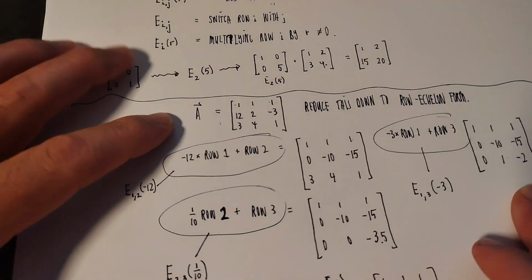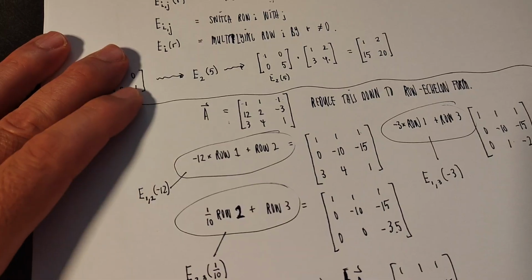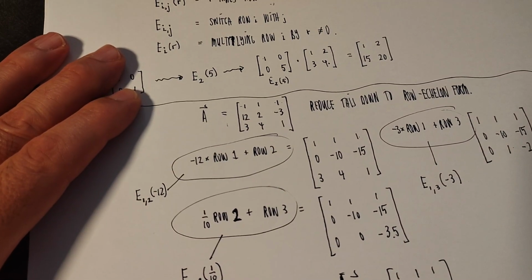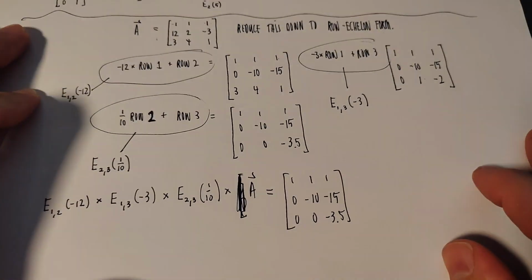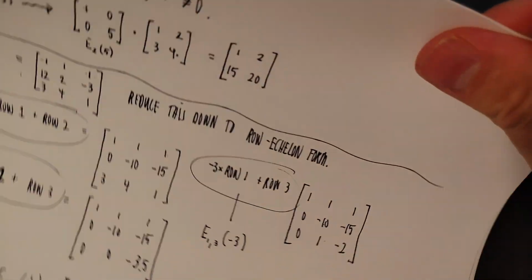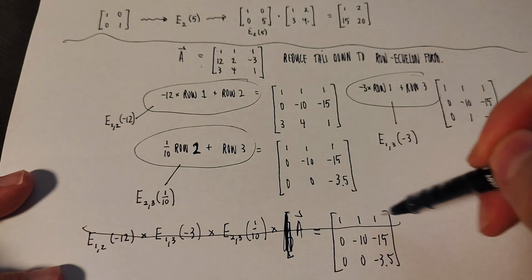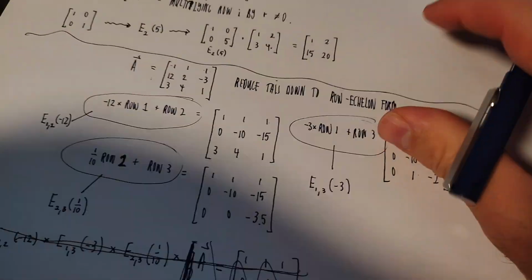So let me see, did I actually write that out correctly? Oh, I think I did that wrong. I'm sorry, guys. We actually have to reverse the order here. My apologies. Let me write this out again correctly. So ignore this in your notes here, if you've been following along.